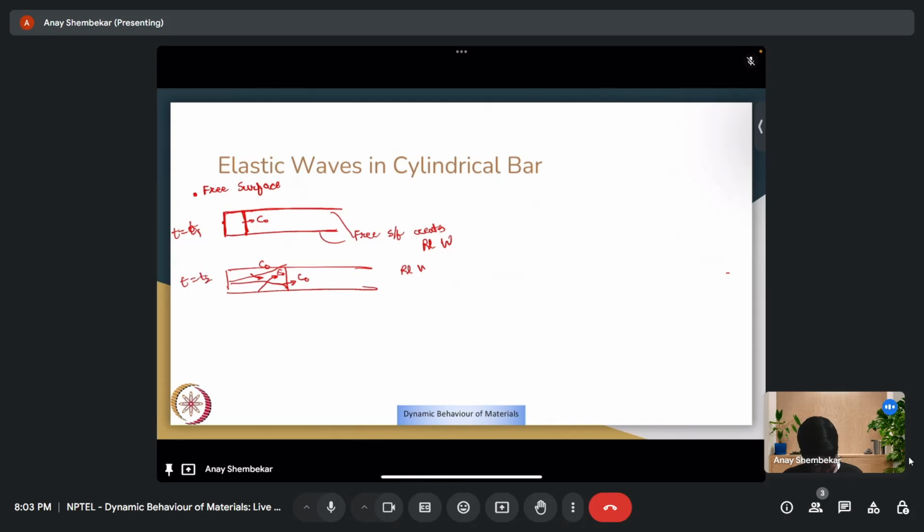So release waves coming down from the surface. As we go ahead, what we see is these release waves follow the main elastic wave and they continuously interact.